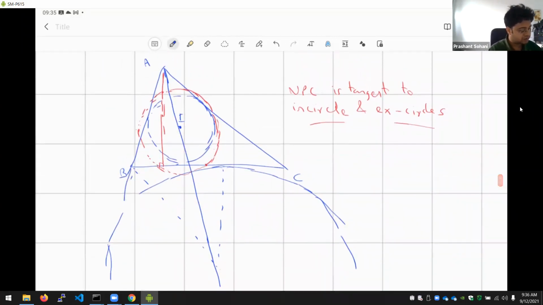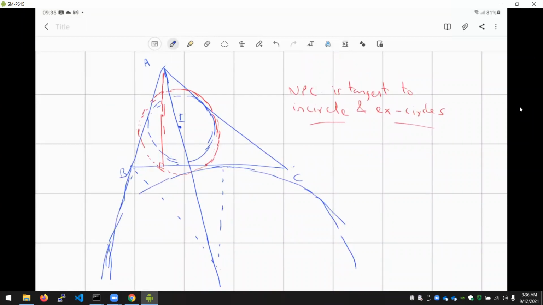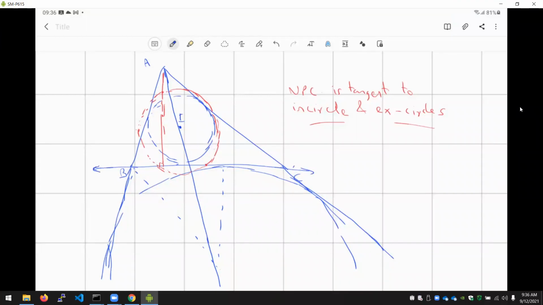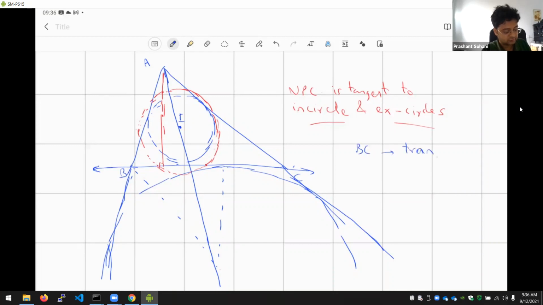Direct common tangents are AB and AC, correct? And I can draw the indirect tangents, internal tangents. I forgot. Transverse tangent, correct. So BC is one transverse tangent, but there is another tangent which I can draw, which is not there in the diagram at all.